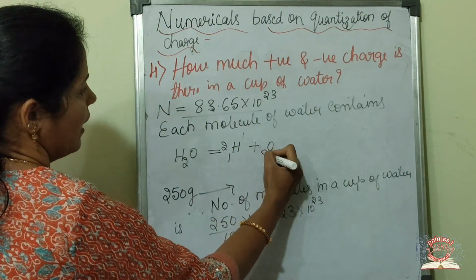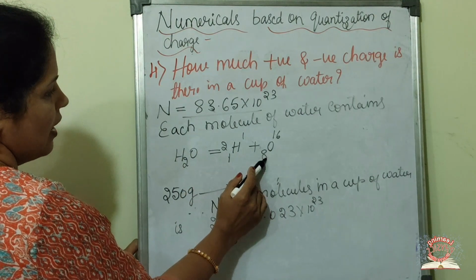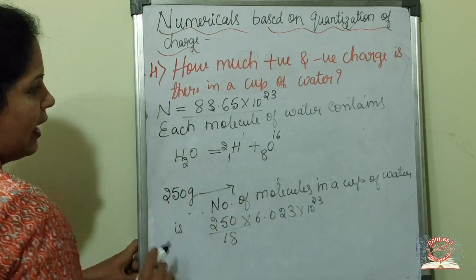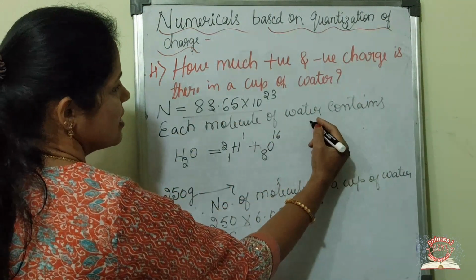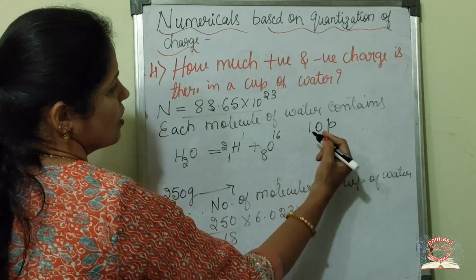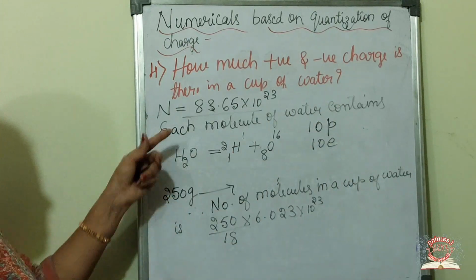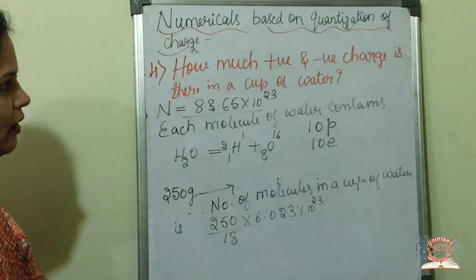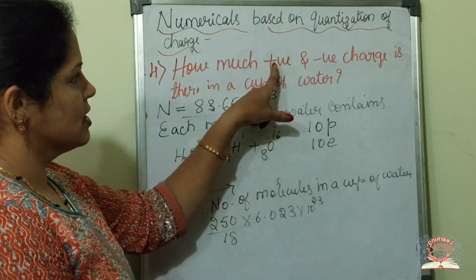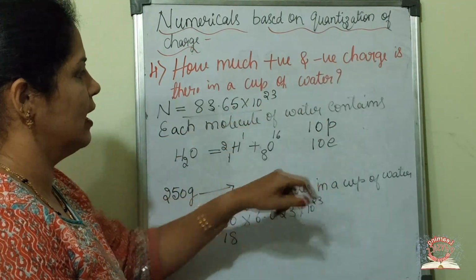And for 8O16, 8 protons. Total 10 protons, 10 electrons. So each molecule of water contains 10 protons or 10 electrons. Here the question is how much positive and negative charge is there in a cup of water. So 10 protons is positive charge and 10 electrons is negative charge.